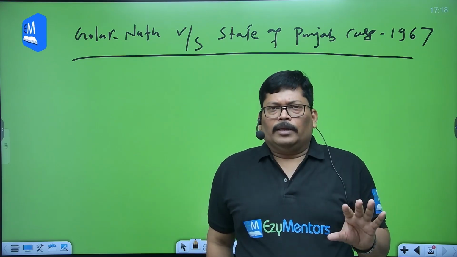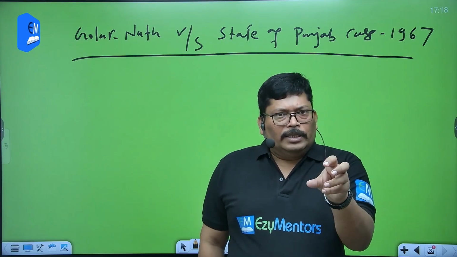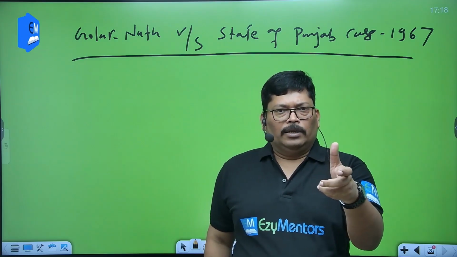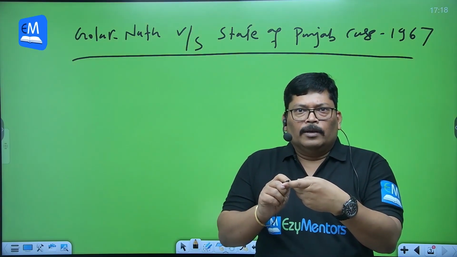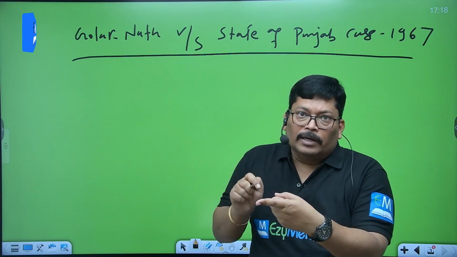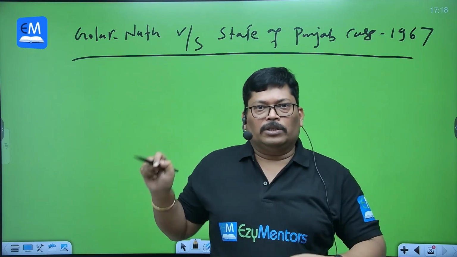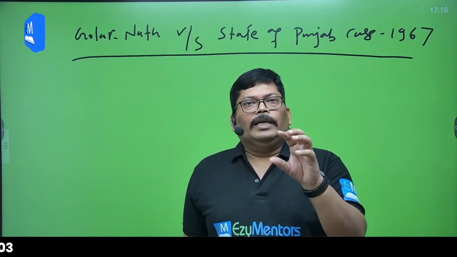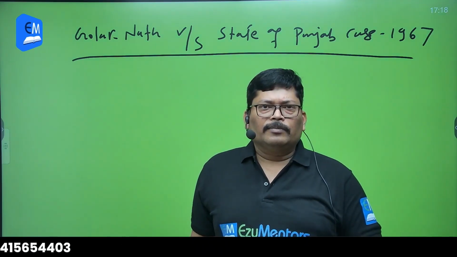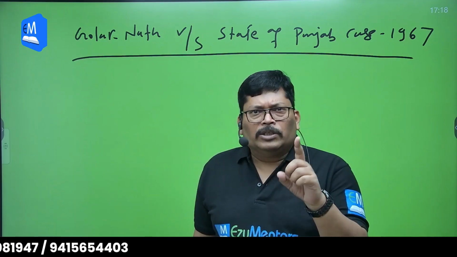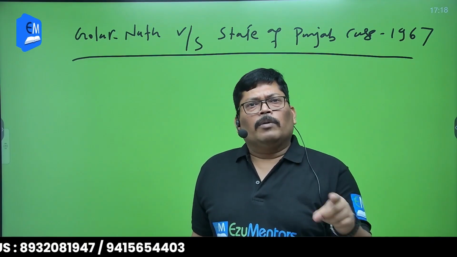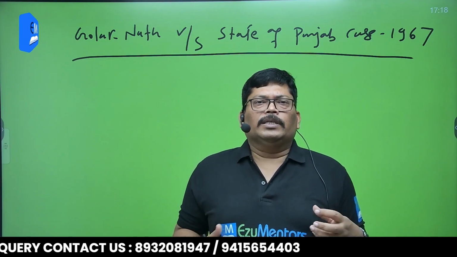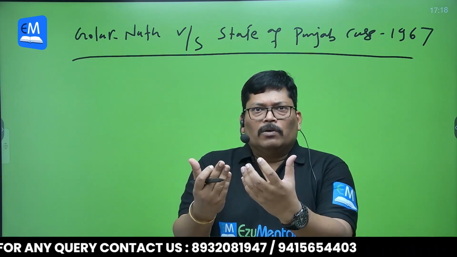But it does not mean that Article 368 empowers the Parliament to amend the Constitution. No, it simply allows the Parliament to follow the procedures given under Article 368 to amend the Constitution. So Article 368 should be simply taken as a procedural device. Article 368 is not the source of the power of the Parliament to amend the Constitution. Article 368 simply suggests how the Constitution be amended.